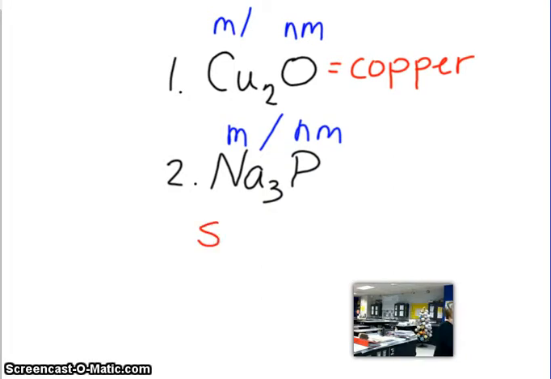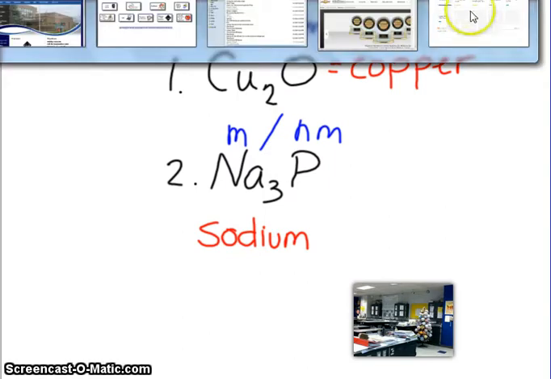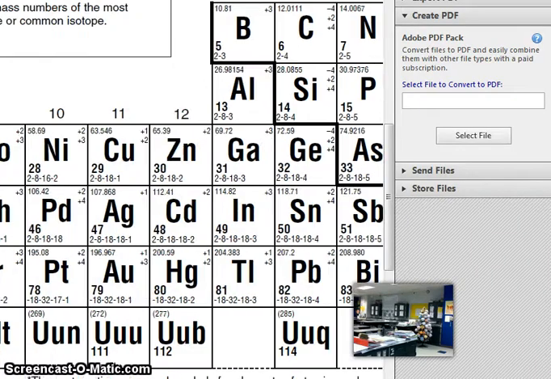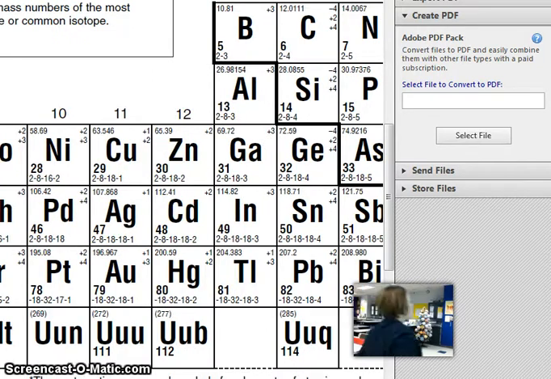We'll name our metal and then go look it up in the periodic table. Let's take one of these at a time. So if we name our metal, if we go to the box for copper and look it up here, you can see copper has multiple positive oxidation states.